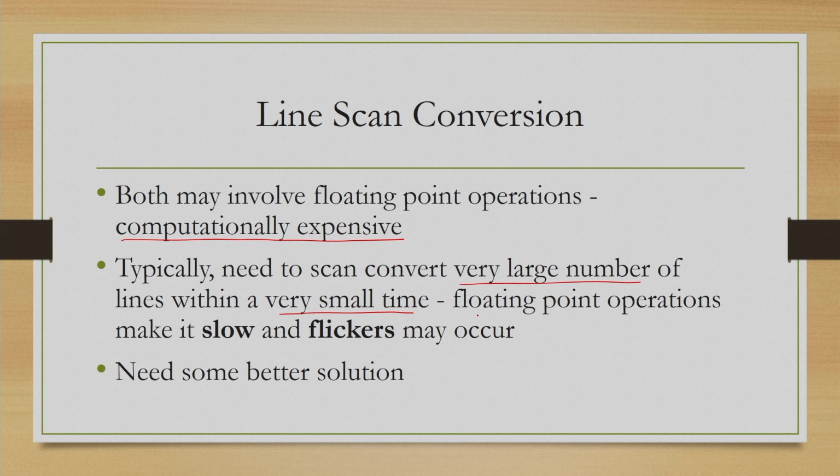Now, if we have floating point operations involved, then this process will become slow and we will perceive flickers, which is of course something we do not want. So, what do we need? We need some better solutions. Let us have a look at a slightly better approach.